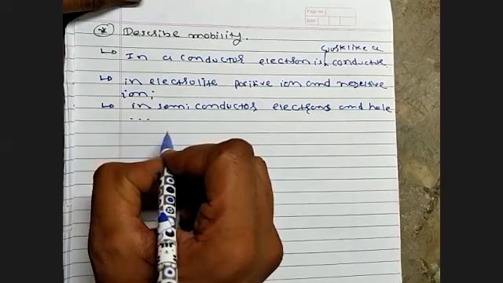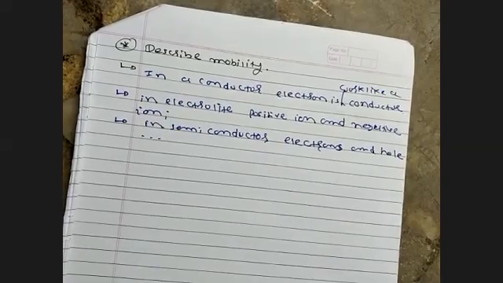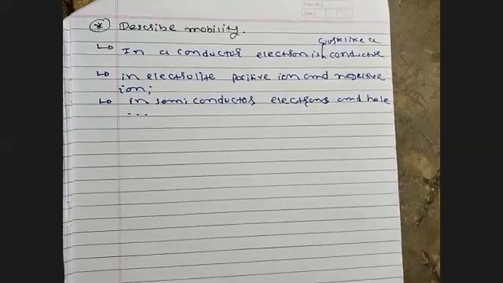So these are what we call mobile electricity, or conductivity. In this way, we can understand how conductivity takes place.